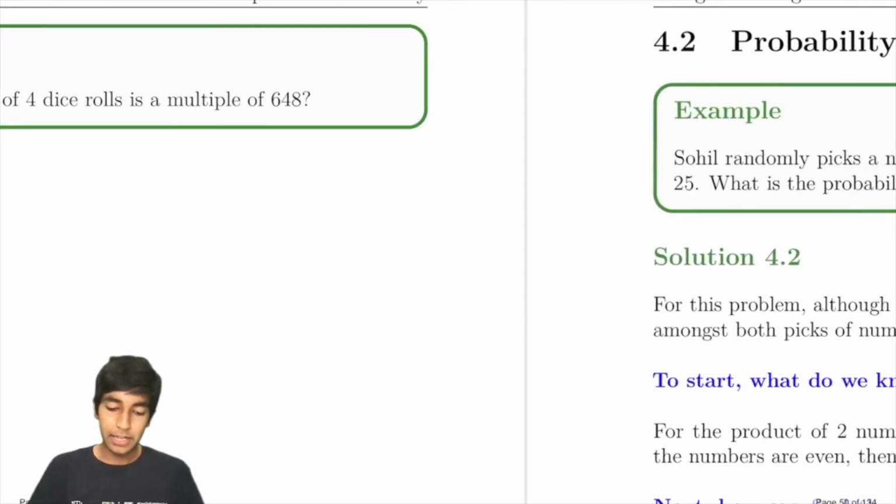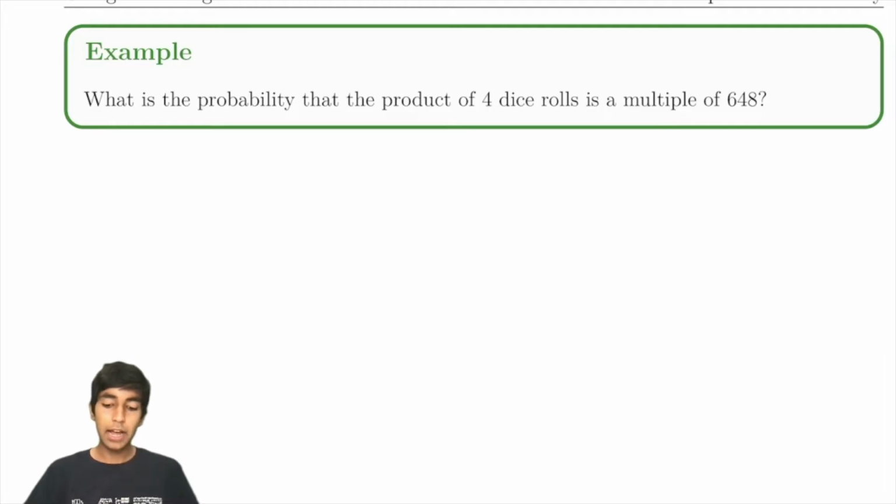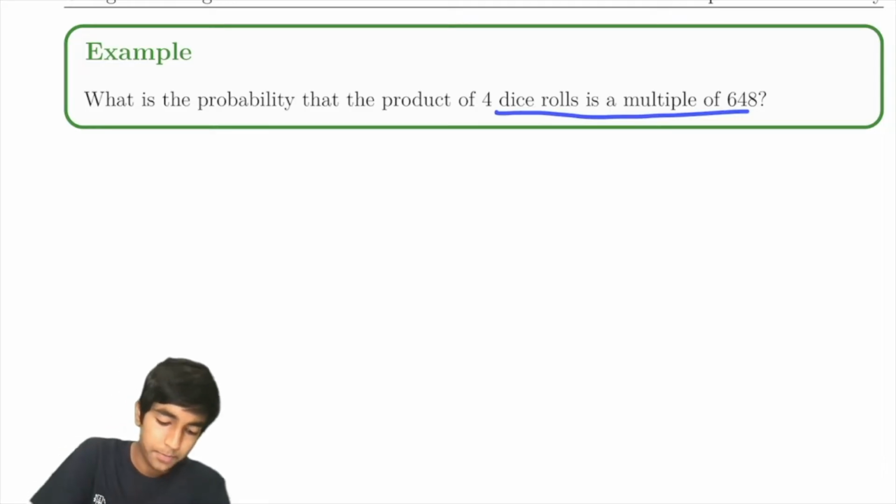What is the probability that the product of 4 dice rolls is a multiple of 648? Four dice rolls, product is 648. What is 648?